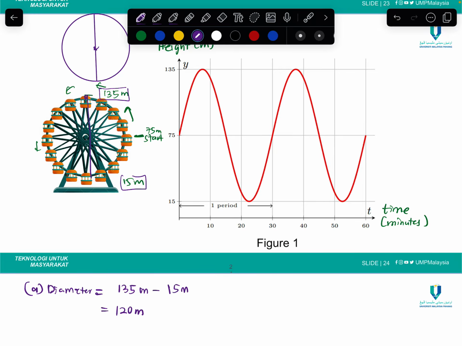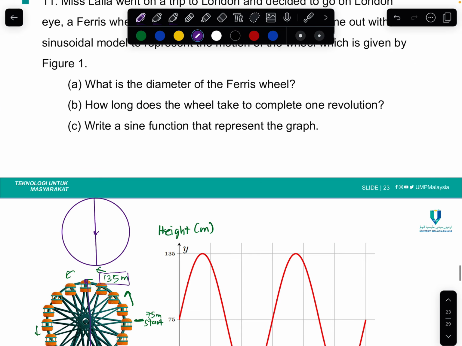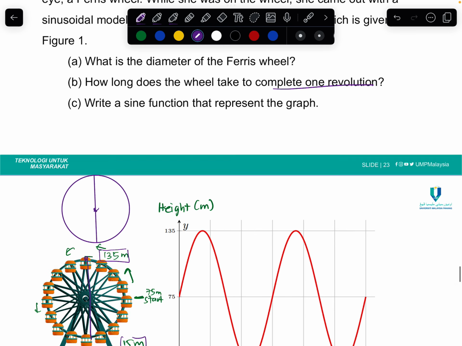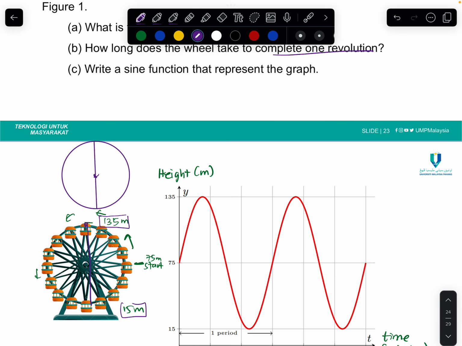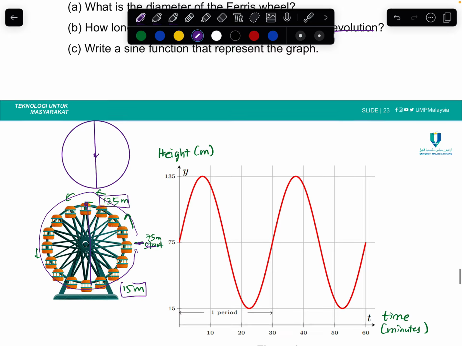Question B. How long does the wheel take to complete one revolution? That means how long it takes to get one rotation. How long will Miss Laila take to go back to her original place? Starting point is going, one rotation is coming back. So based on the curve, we can understand this as one period.